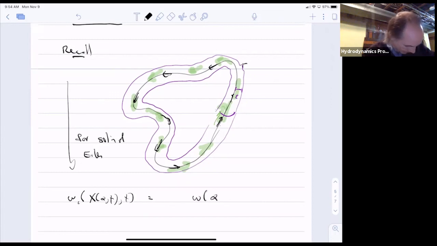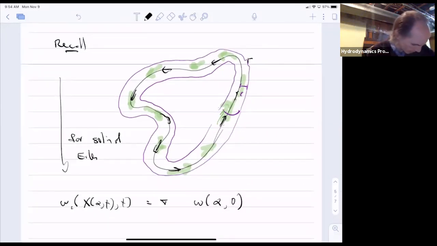If I look at the vorticity at some point alpha at time 0, then at time t I transport that to the new point x of t, and then I multiply it by the gradient of x with respect to alpha. So there's a more complicated relation, but nonetheless a relation, between the vorticity at time 0 and time t.